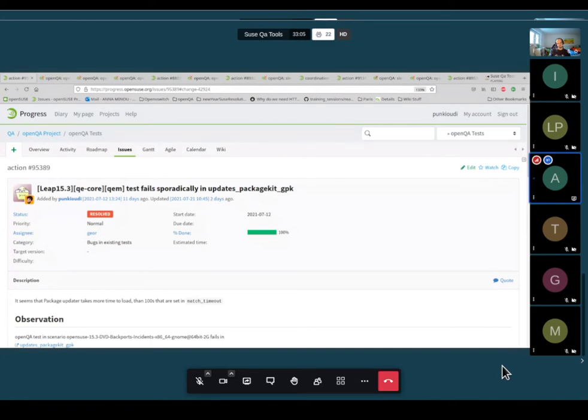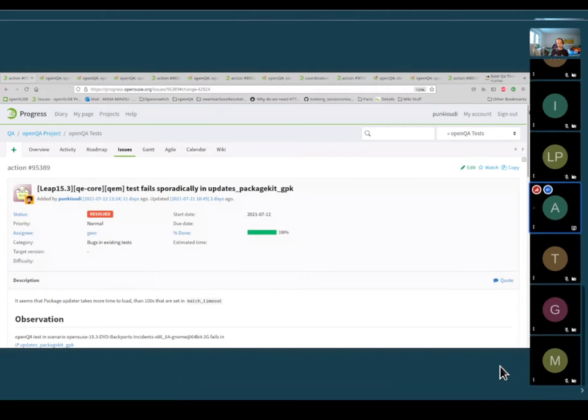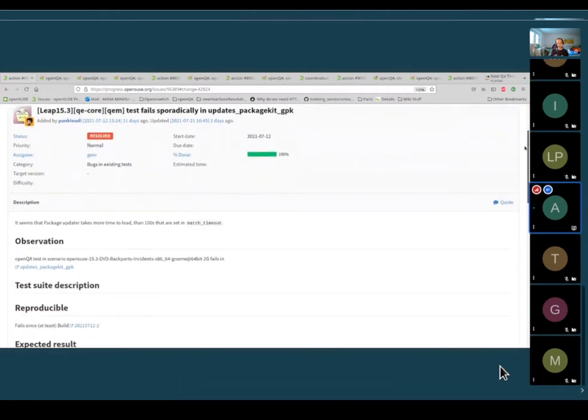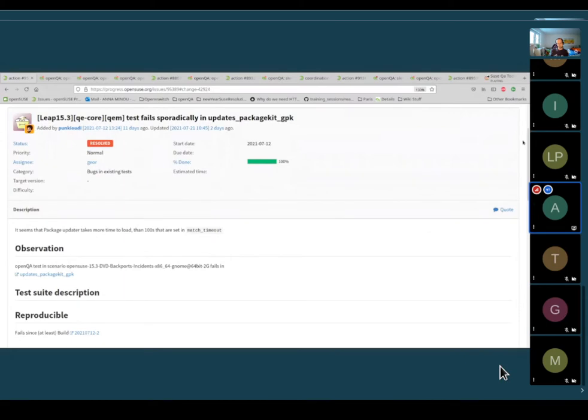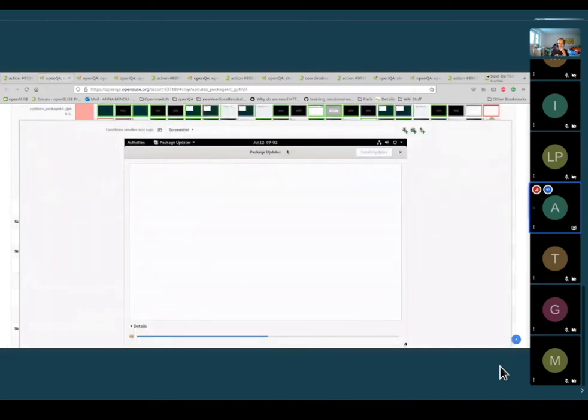Okay, perfect. So yeah, it was in updates_packagekit. I could see different failures, and actually I would see the test failing in different places of the code of updates_packagekit.